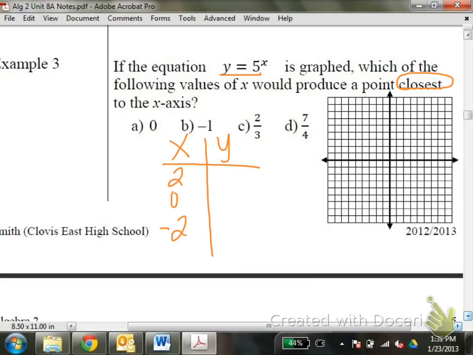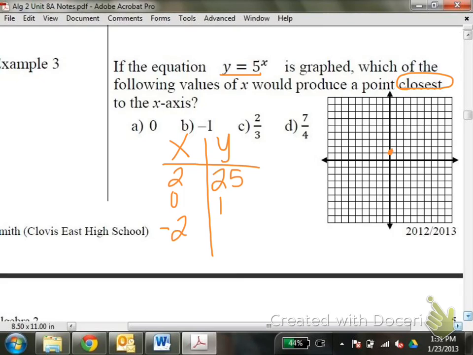So if my x is 2, that would be 5 to the second power, which would give me what? 25. So when I graph that, 25 is actually off the chart somewhere over here. 0 is always going to be 1. So your point is going to be somewhere here.